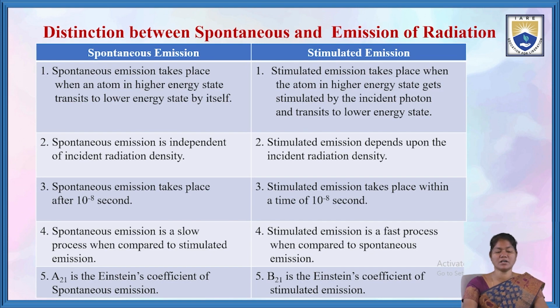The distinction between spontaneous and stimulated emission of radiation. Spontaneous emission takes place when an atom in a higher energy state transits to a lower energy state by itself by emitting a photon, after the lifetime.